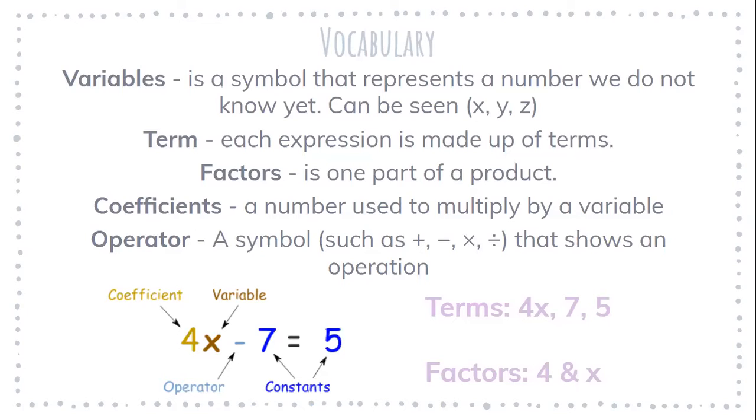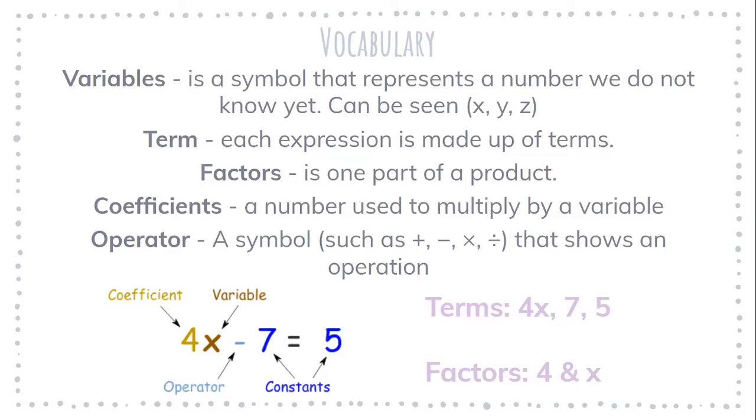Also on the bottom shown in the example, factors are going to be the 4 and the x. So the coefficient and the variable before the operator. And then the coefficient is a number used to multiply by a variable. So it's going to be the number that comes before the variable, usually again before x. And then that's going to come before the operator.